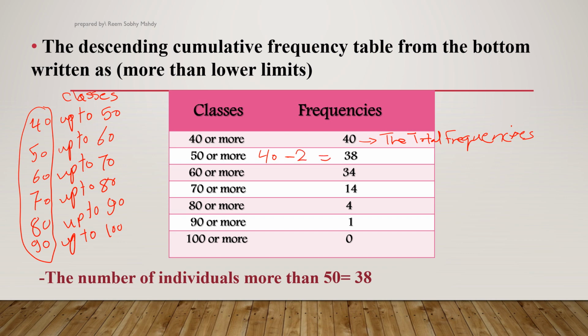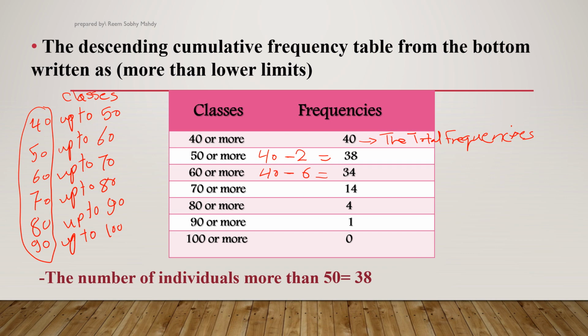For the third class, 60 or more, the frequency means the total frequencies minus 6, which is the frequency of the first and second class, 2 and 4, and this equals 34.